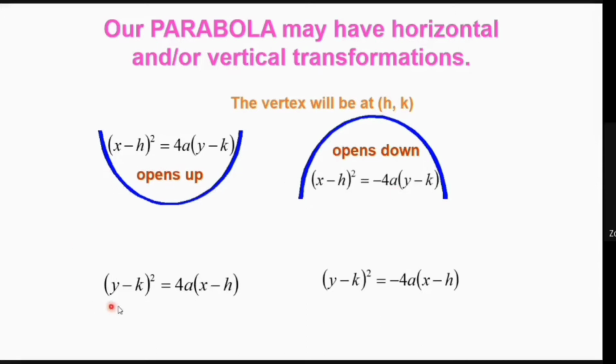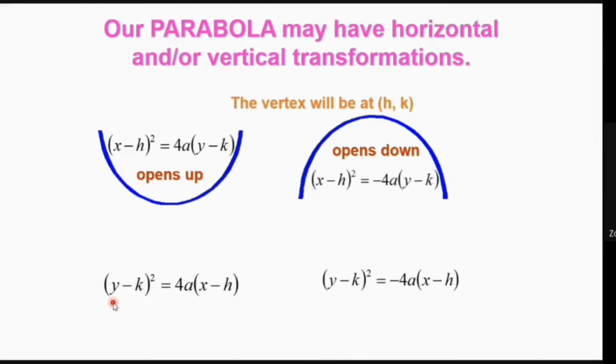Next, we have the quantity y minus k squared is equal to 4a times the quantity x minus h. In this equation, y term is being squared. So alam natin na kapag yung y term ang squared, it either opens to the right or to the left.